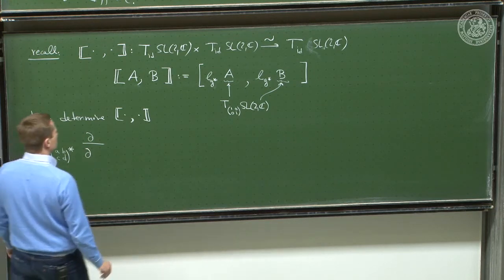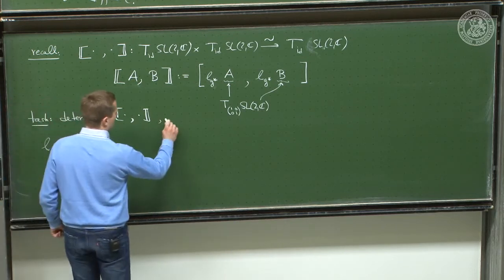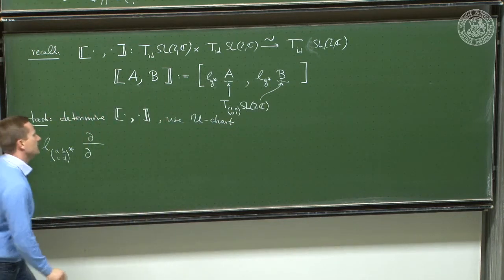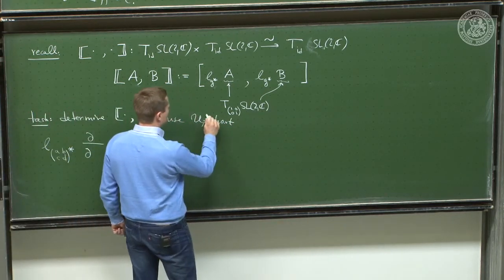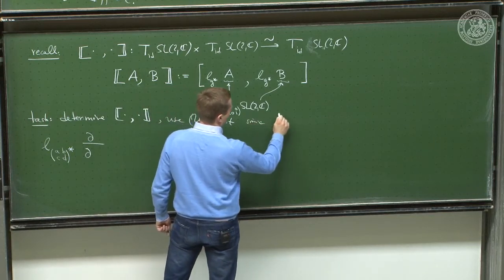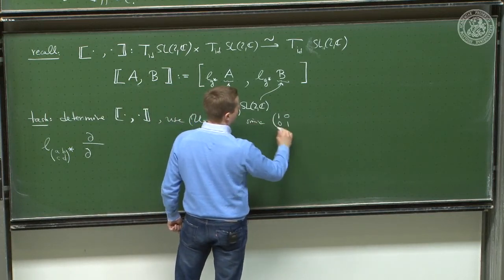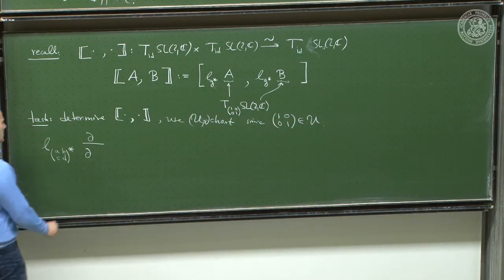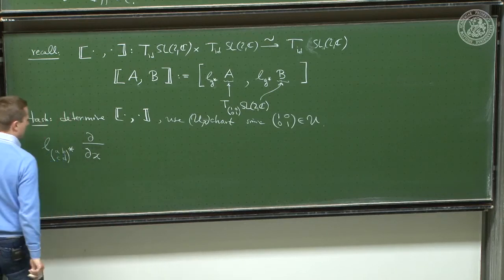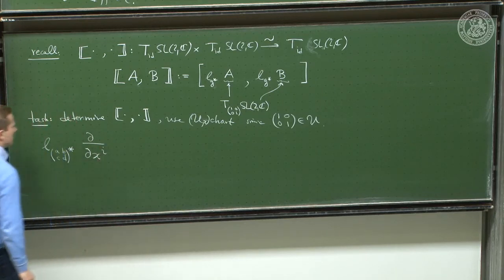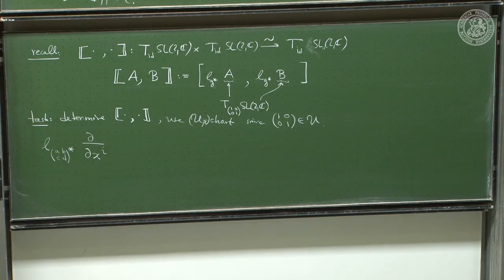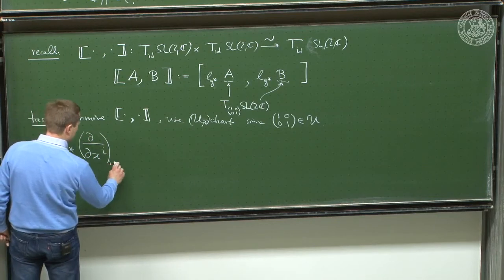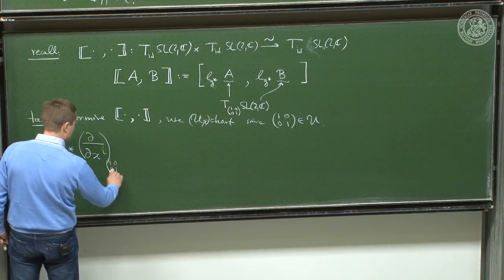So I can use the U chart, since (1, 0, 0, 1) is covered by U. I take the U chart with its x coordinates, which run from 1, 2, 3, so I can act on the ith tangent vector, and we always have to say where, at the identity.